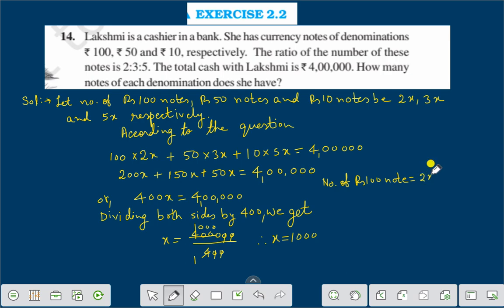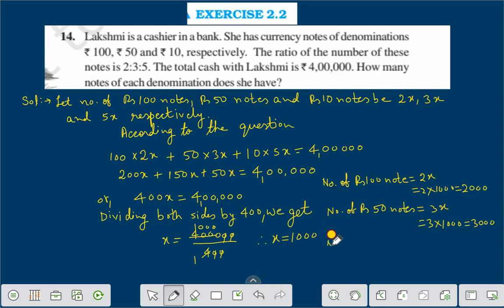The number of rupees 50 notes is 3x, that is 3 into 1000, that is 3000.